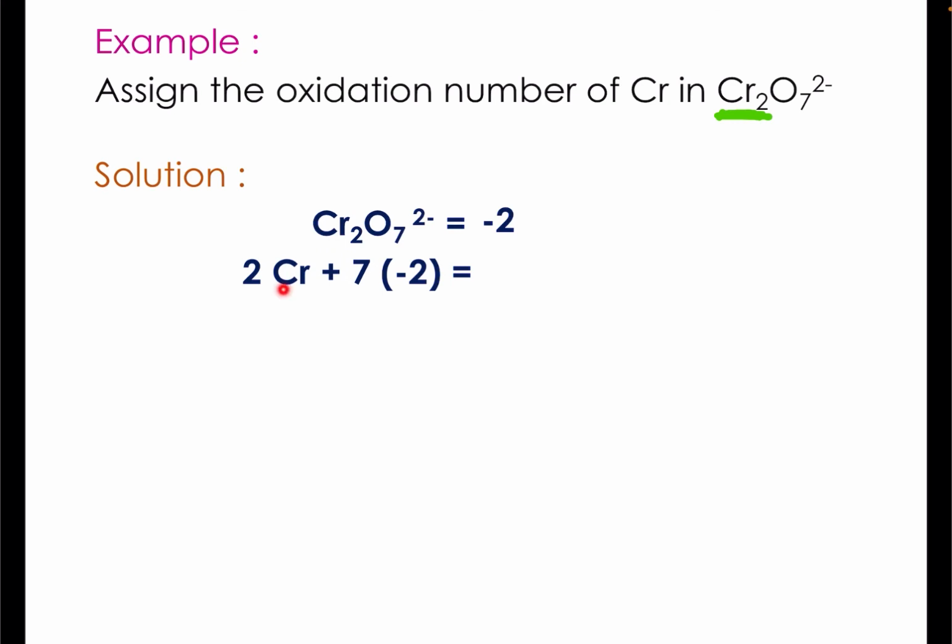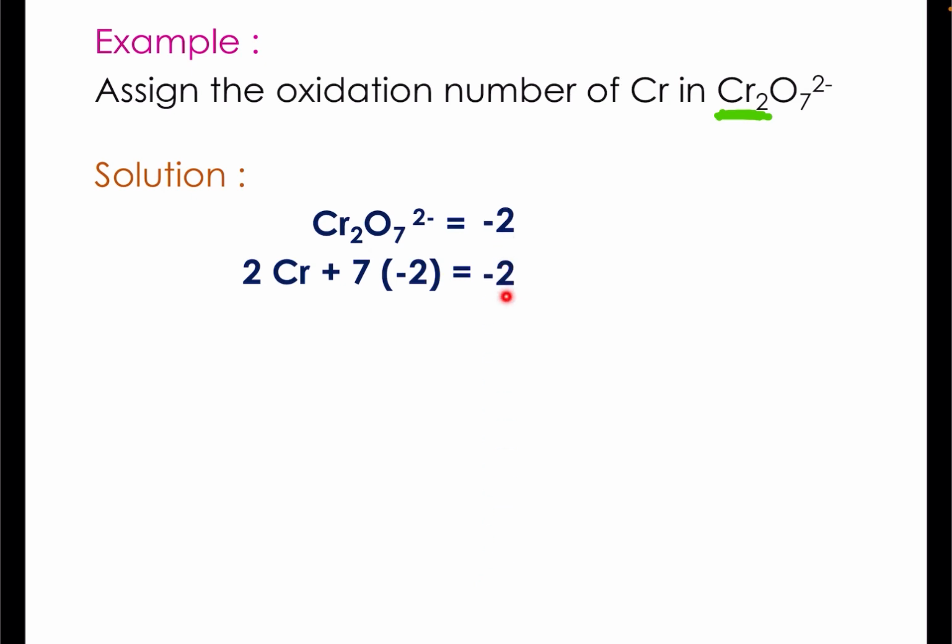Dan 2 Cr ni merujuk kepada 2 chromium atom. Dan plus dengan 7 sebab hasil tambah. 7 ini darab dengan negative 2. Kenapa negative 2 saya ganti di sini? Ini adalah oxidation number untuk oksigen. So, ingat tadi saya suruh hafal secara general. So, ini adalah general oxidation number for oxygen. And then, equals to negative 2.